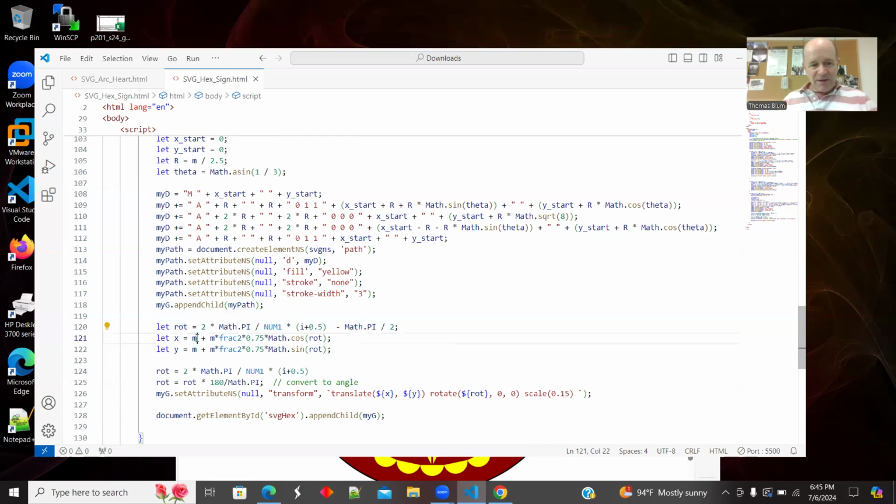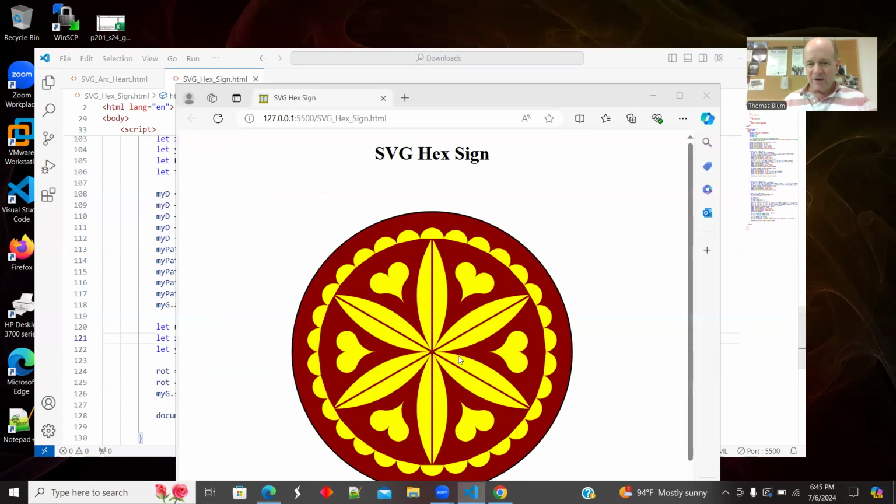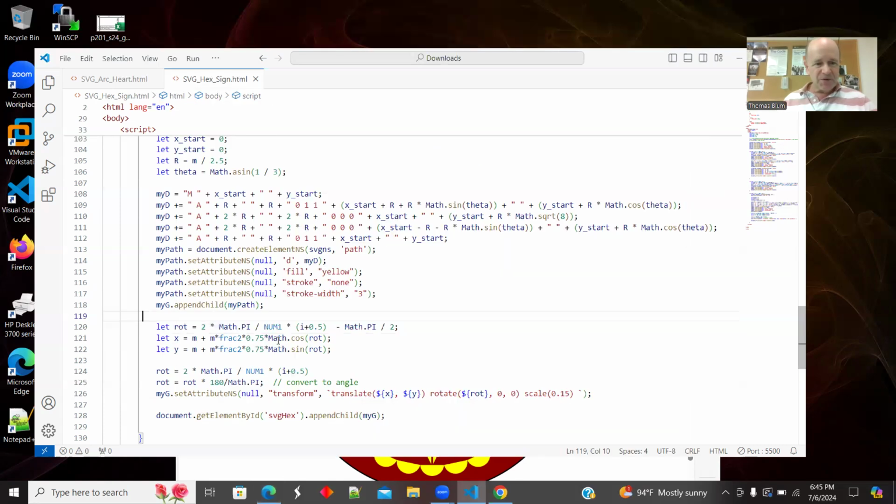I get from the center sort of a certain amount of x. Here is some fraction, 3/4, and that I needed to play with to get the hearts where I wanted them sort of along the radii. So that was a little bit of playing. And so that was the X and the Y for my translate.